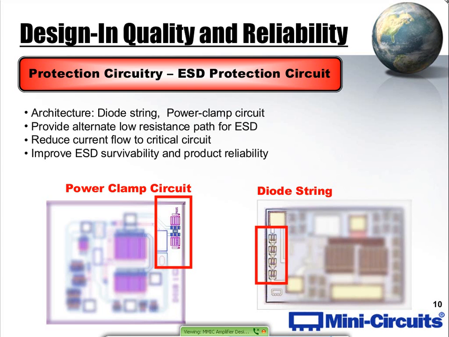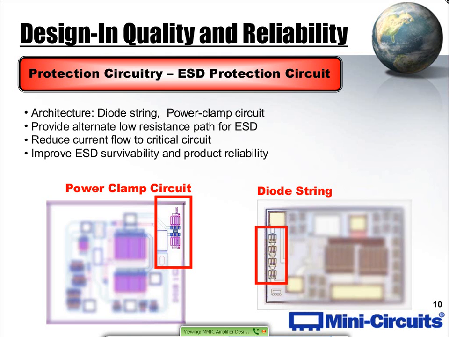So what we do, and what a lot of people are doing, is to take all the precautions and steps to assure that our parts can meet high levels of ESD spikes before we put them into the market. Every part that we design and manufacture is characterized and rated for its ESD susceptibility.